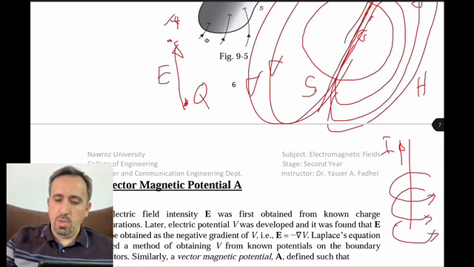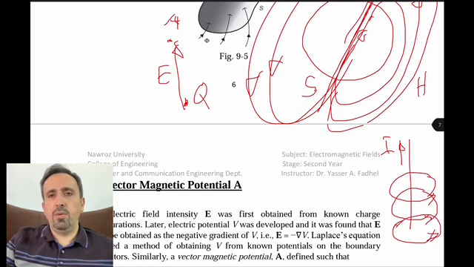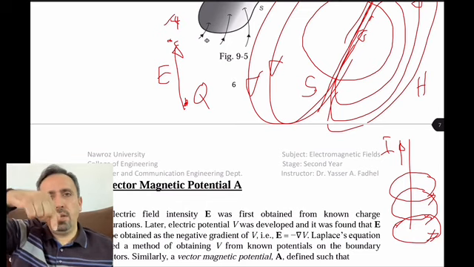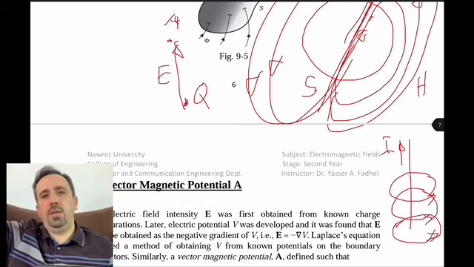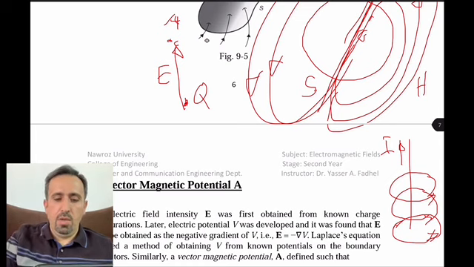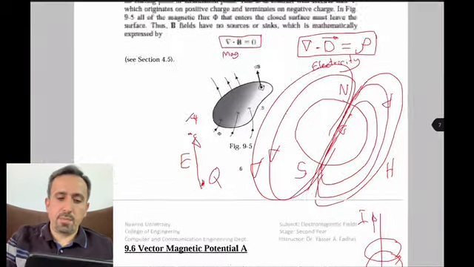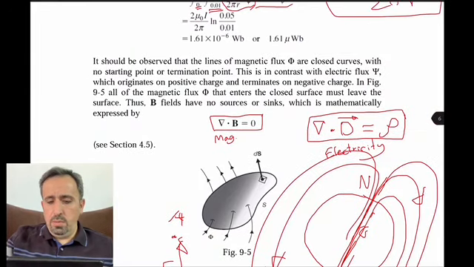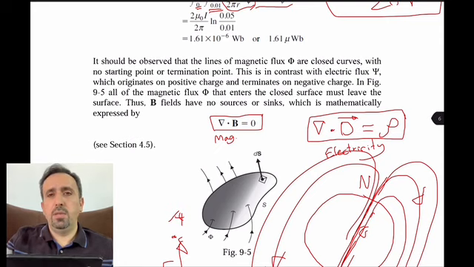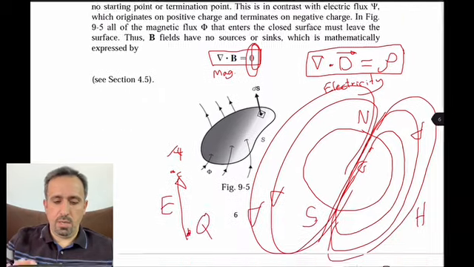These rings will be complete rings and will not have a starting and ending point. And this is the physical reason for having zero in the formula of taking del of B, which is the magnetic flux density.